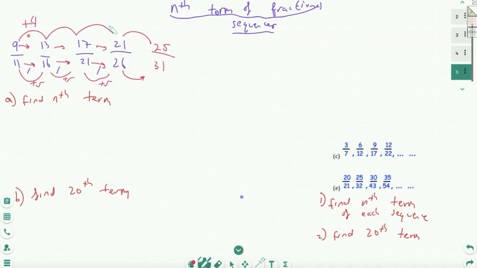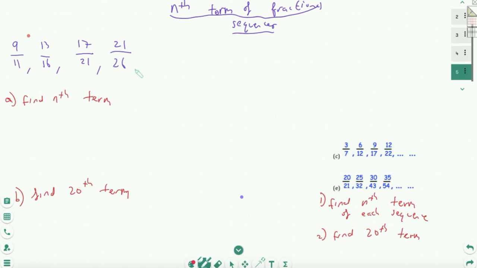So basically, the numerator has its own sequence and the denominator has its own sequence. So we're gonna have to find two separate nth terms, one for the numerator and one for the denominator. So let's draw out the first one for the numerator. We have our n and our t, and we'll call this the numerator sequence.